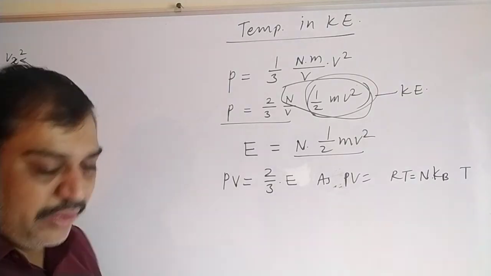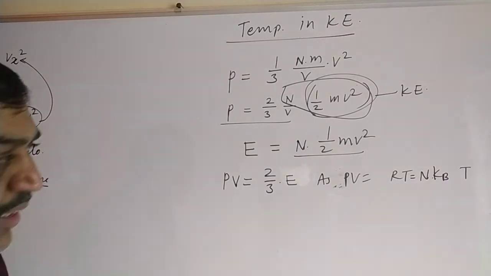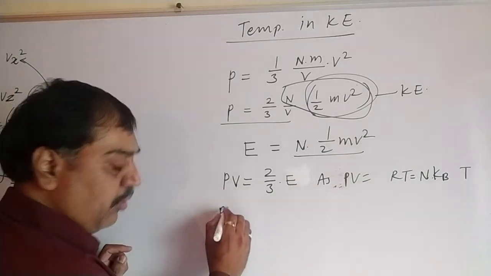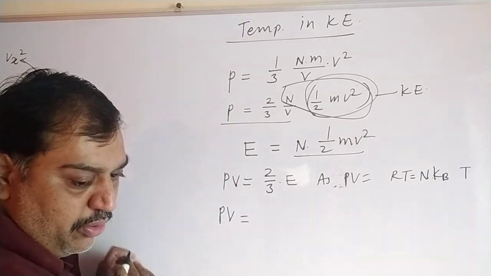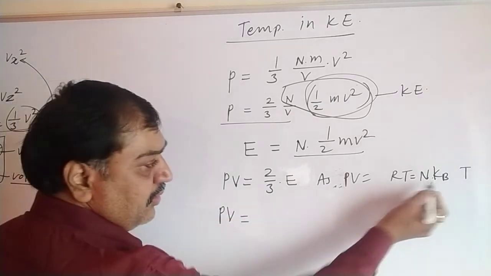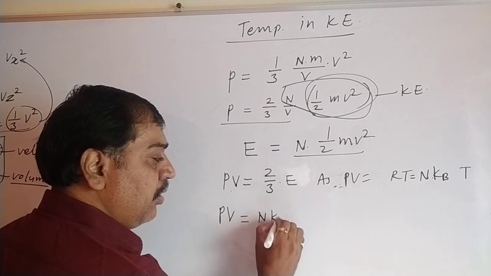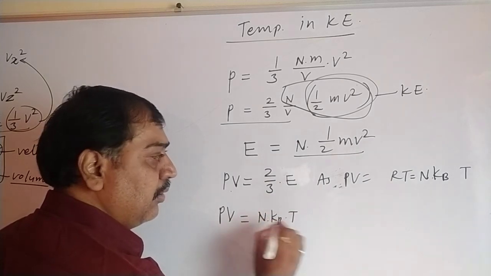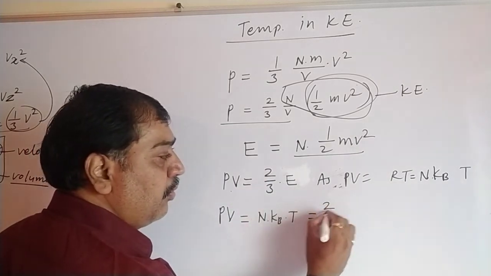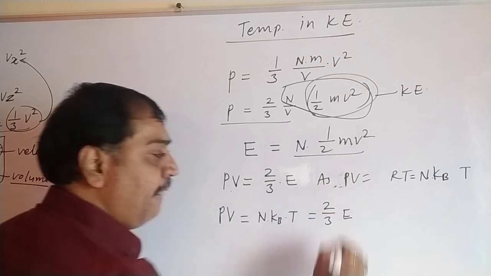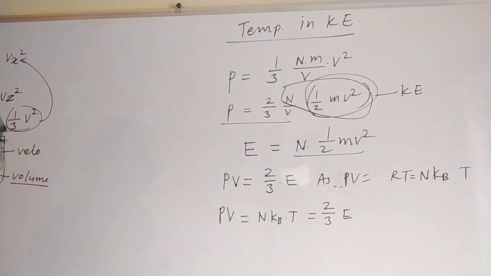So we can finally write PV equal to N k_B T, and that is equal to 2/3 E.